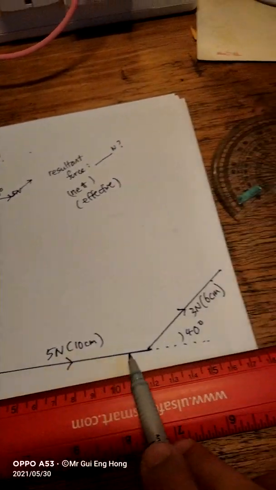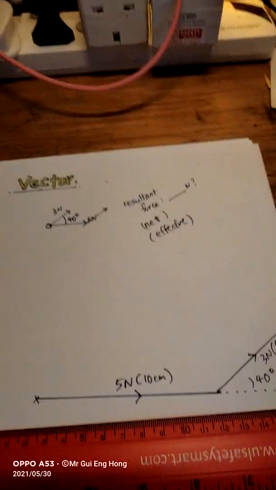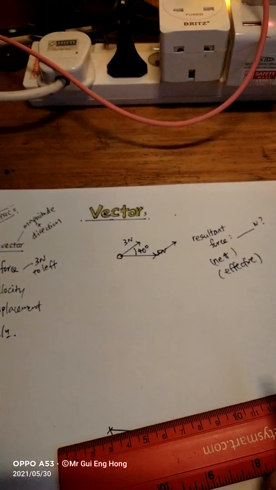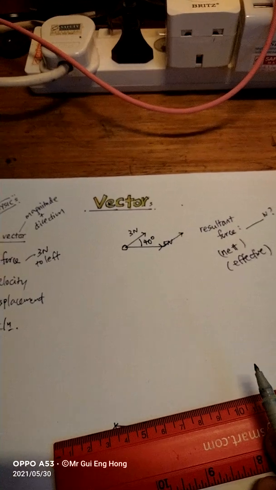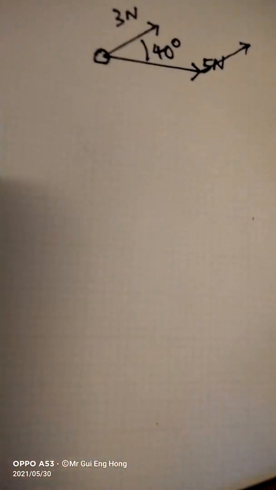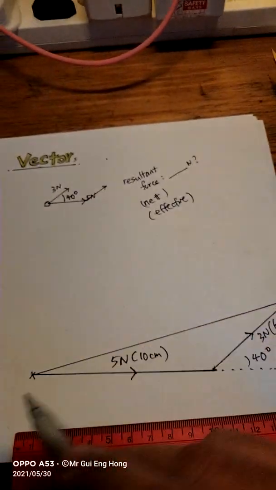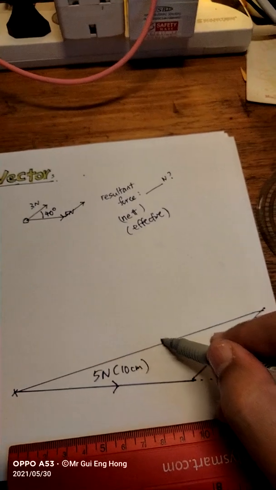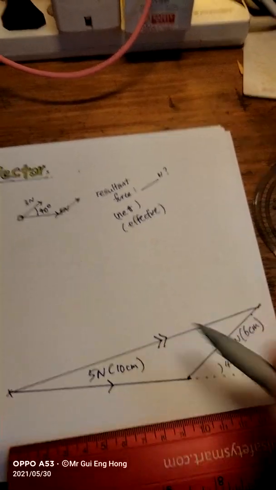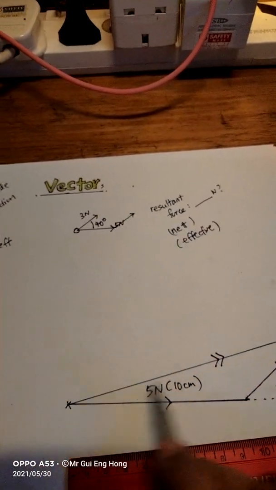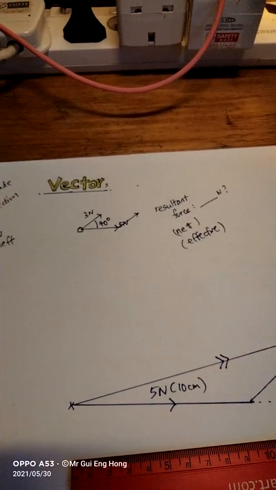We need to join from the start of the first vector to the end of the second vector, which means from here to here. I've joined from the start to the end, and you must indicate the direction, which means that now the direction is from here to here.